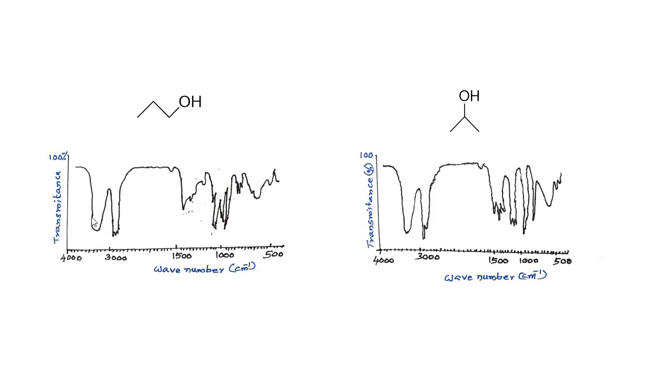For example, this broad band obtained at around 3300 centimeter inverse is because of the presence of the OH group. In both cases, you can see this broad band at 3300 centimeter inverse.